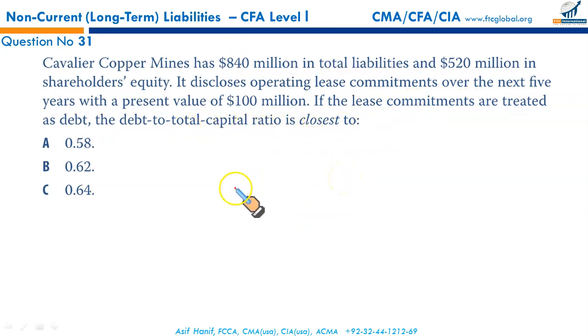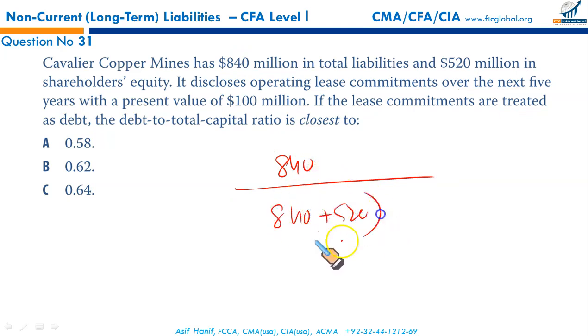Debt to total capital means it's going to be 840 upon 840 plus 520. Since we want to bring this lease into our computation as if it's a finance lease, we will have to add the same amount in the debt here in 840 and in this 840 as well. So it's going to be 940.